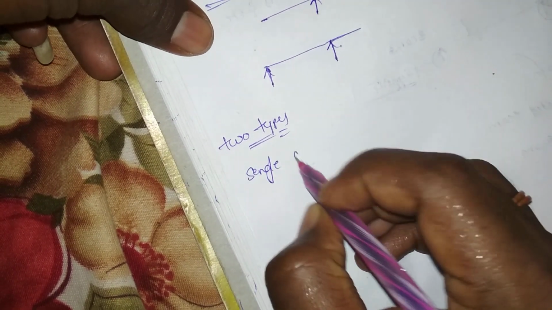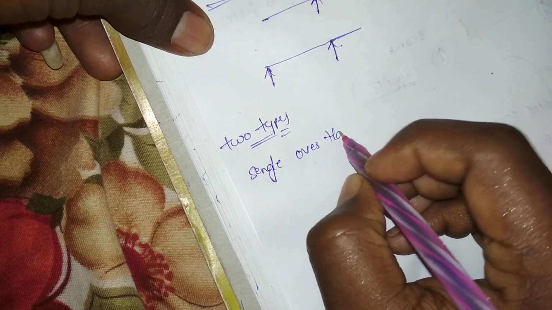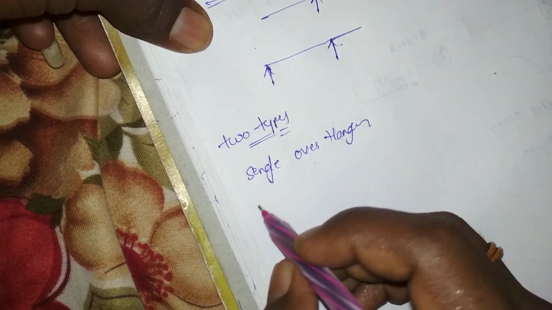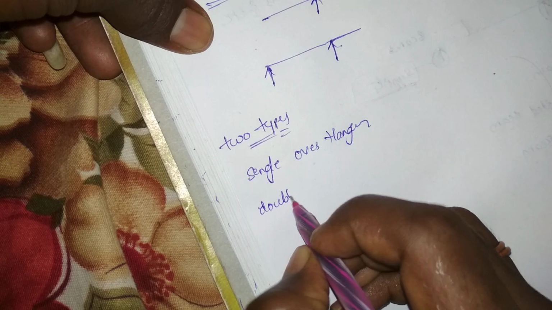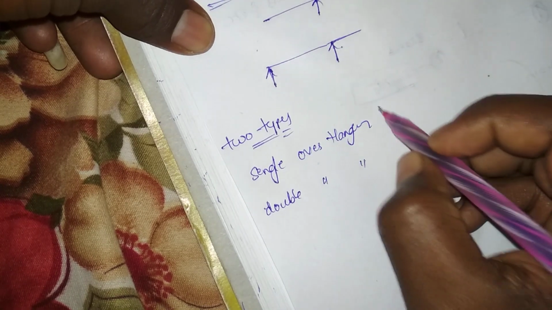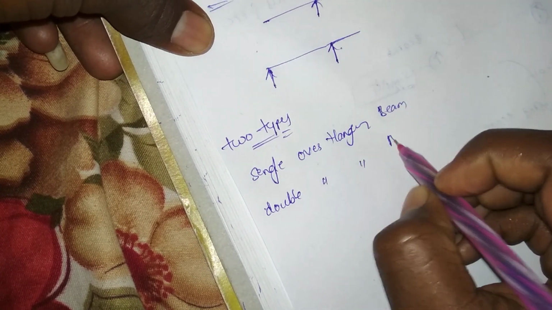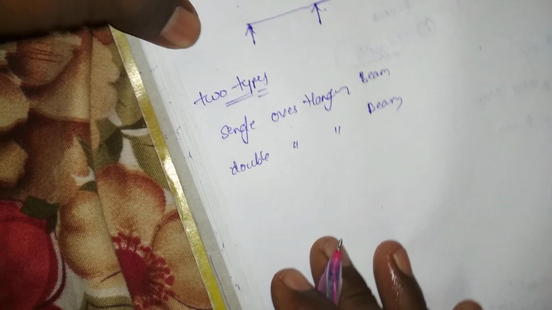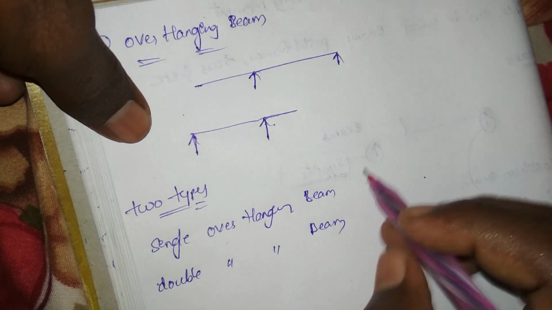Single overhanging beam. Next, double overhanging beam. What is single overhanging? What is double overhanging? Let us discuss it.